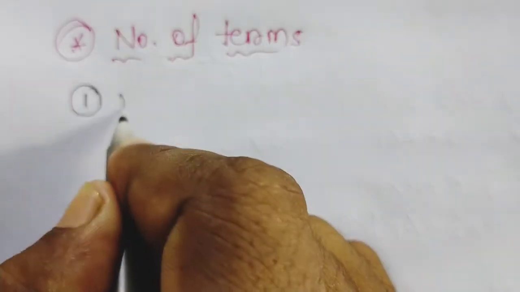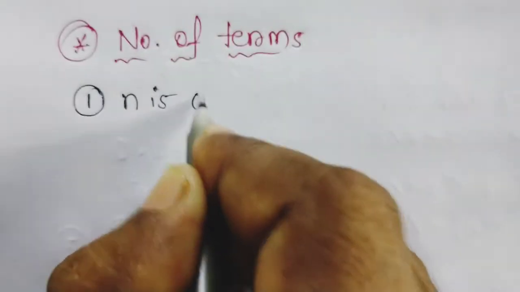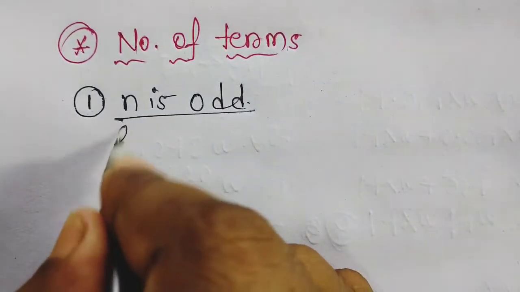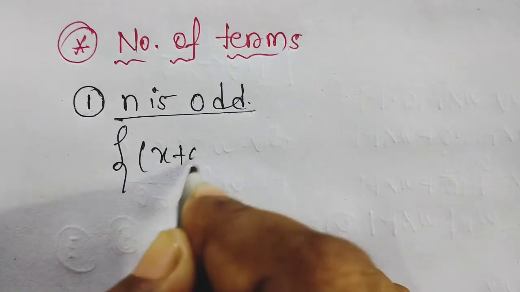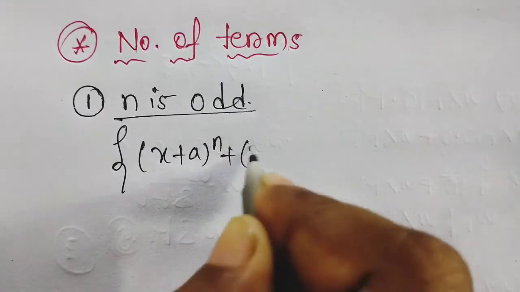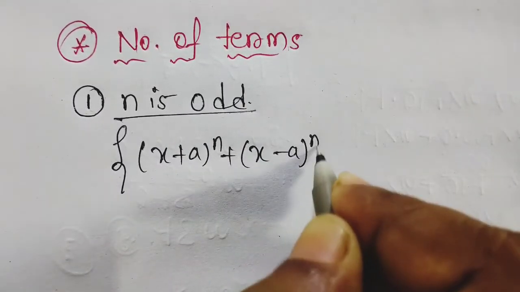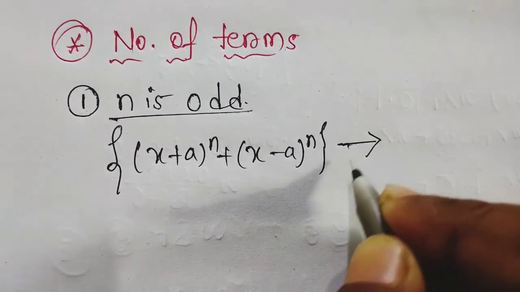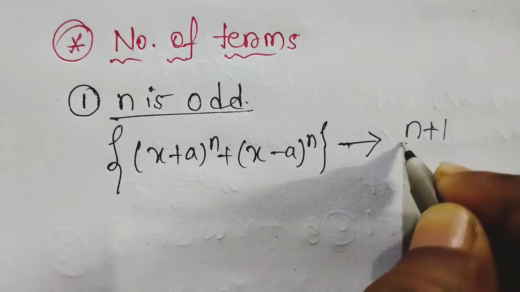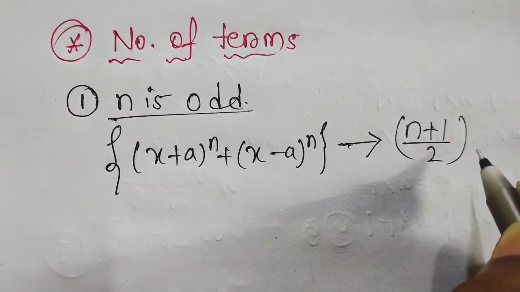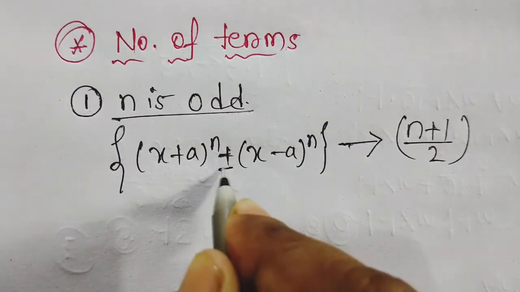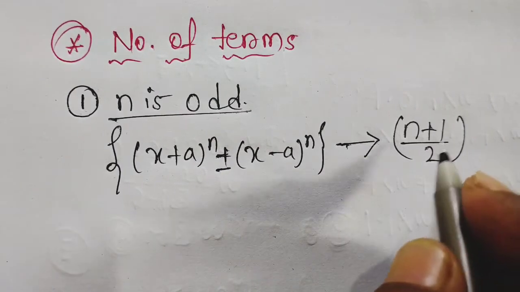At first, if n is odd, then this function x plus a whole to the power n plus x minus a whole to the power n has n plus 1 by 2 number of terms, and similarly if there is minus, then it's also the same number of terms.